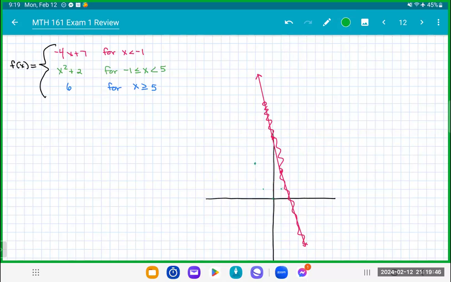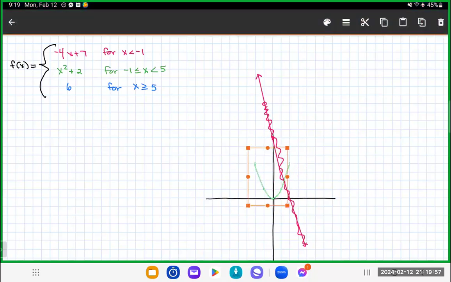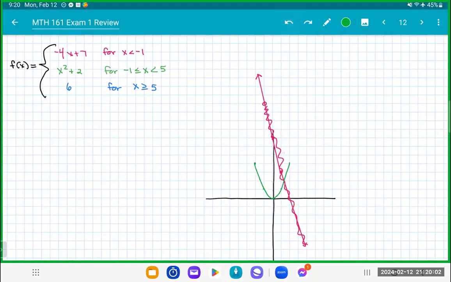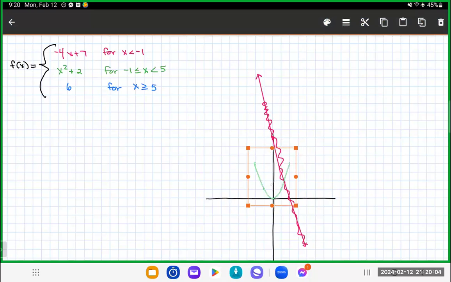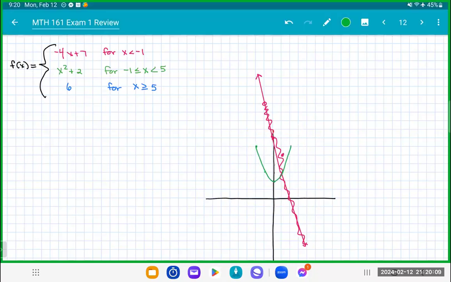So it looks a little bit like this, except we need to shift it up 2 units. So that's 1, 2 units. And that's what that one looks like, except this one is negative 1. So here's negative 1. So we have a solid dot on here, and none of this.